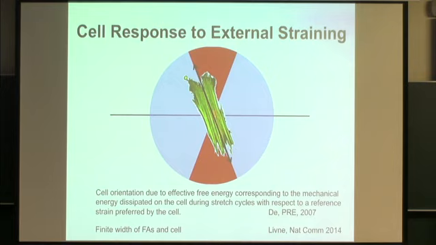Now, what the system, and this is a static image, but here we do a cyclic strain. If we just hold the stress, as I've explained, we don't observe anything. So what basically the system senses is the energy deposited to it with respect to its preferred state.